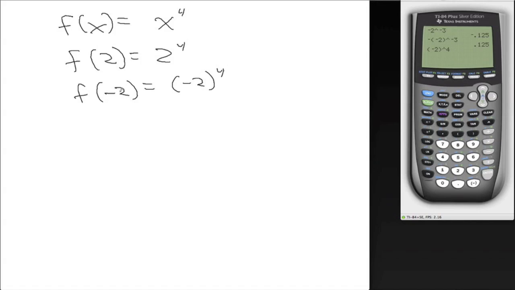Here, we're raising negative 2 to the 4th power. To tell the calculator that we're doing that, we have to use the parentheses. Okay. Let's see.